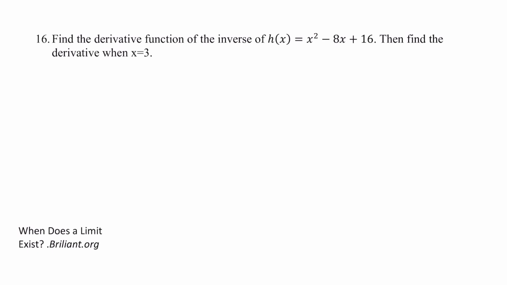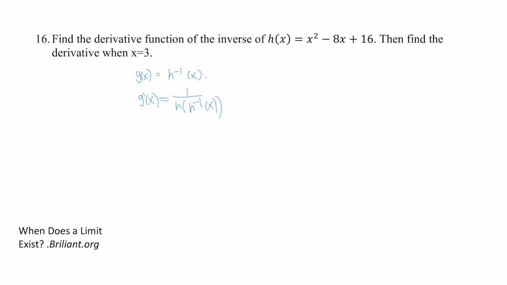Okay, for number 16, our last question, since there is a function which is the inverse of h of x, we can kind of set that as g of x, which is equal to h inverse x, right? So in order to find a derivative of this, g prime x is going to be 1 over h prime of h inverse x, right?